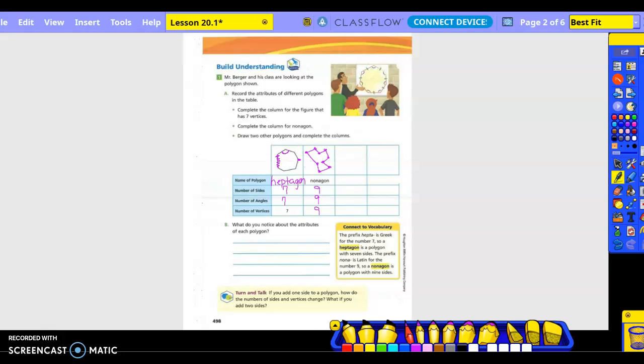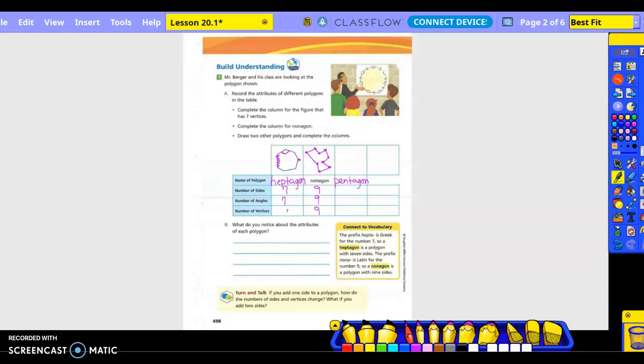What else can we do? Could we do a pentagon? Basically, how do we know how many sides, angles, and vertices we have? Because of their prefixes, right?